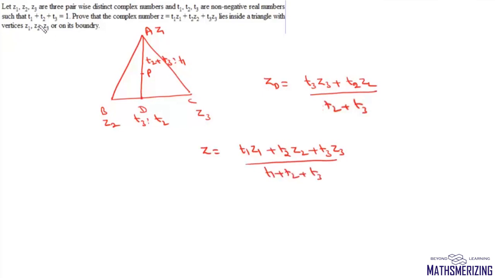Then the question says T1 + T2 + T3 is 1. So we can write this Z as T1·Z1 + T2·Z2 + T3·Z3, which simply means that this point P will lie on AD, and therefore this point should lie inside this triangle ABC. Now the question says T1, T2 and T3 are non-negative real numbers. If at least one of them is 0, then this point will lie on the boundary of this triangle, and this is what we need to prove.